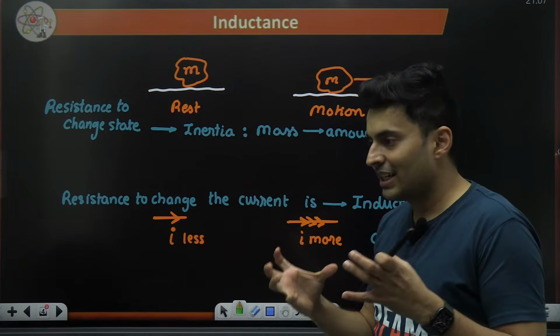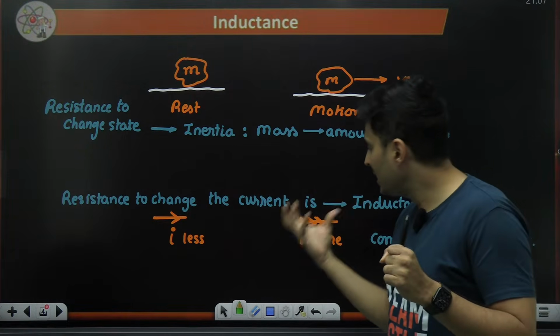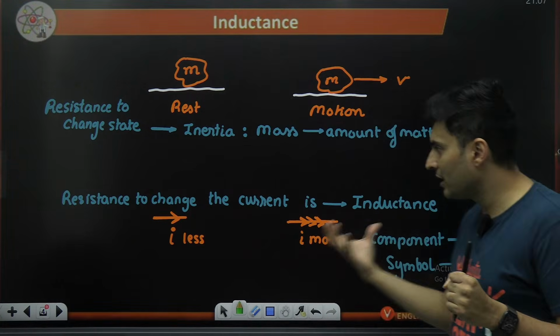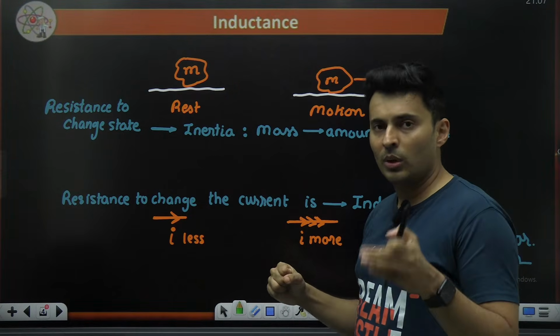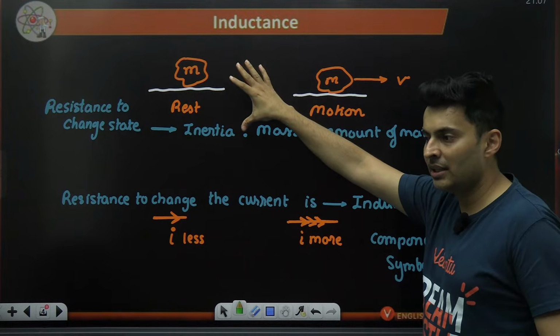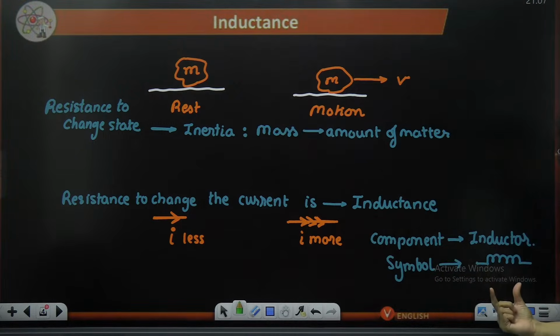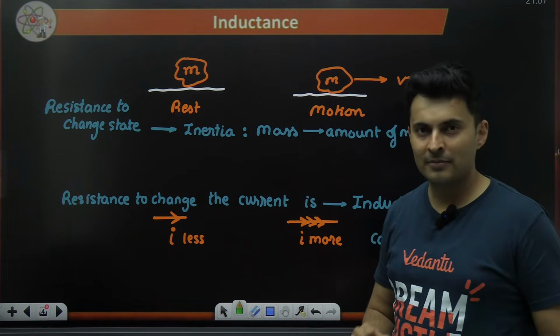A mass has that inertial property in mechanics. An inductor has that inertial property in electromagnetism. So, what mass is for inertia in mechanics, inductor is also for inertia in electromagnetism.